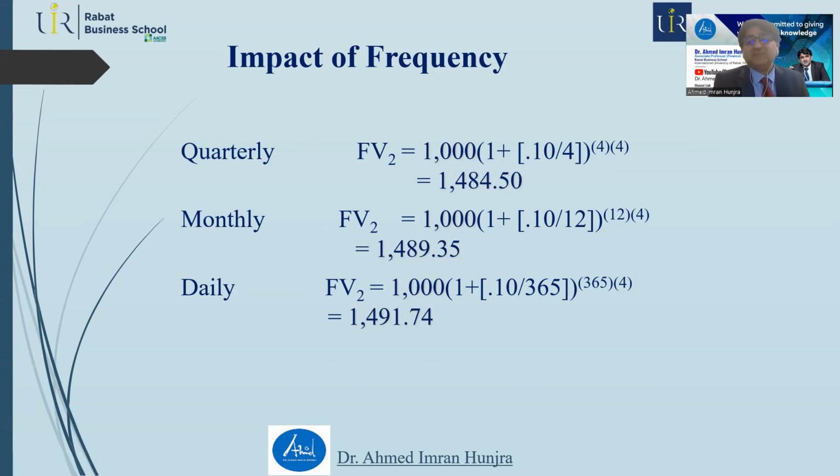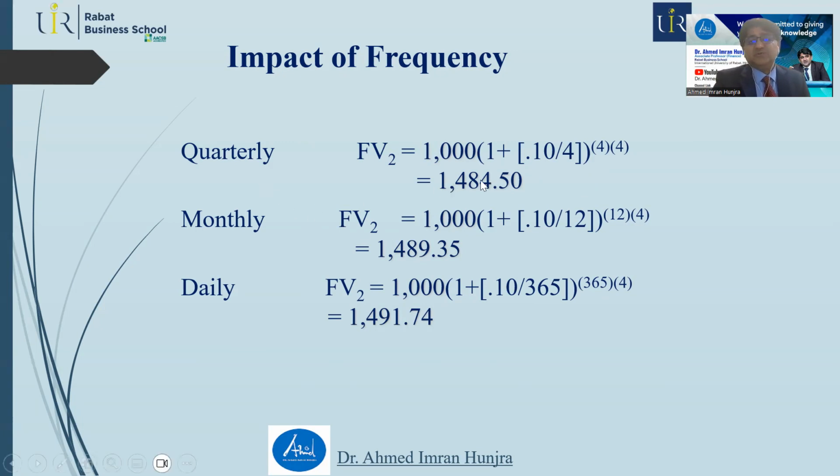If the frequency of compounding is further increased from quarterly to monthly, how many months in a year? 12 months. So I will be divided by 12 and time will be multiplied by 12. So we are getting a bigger value.